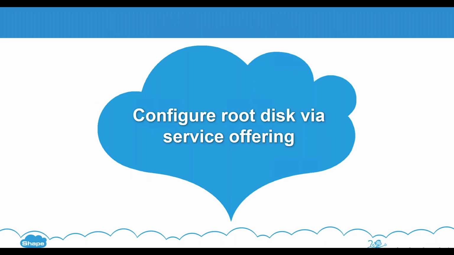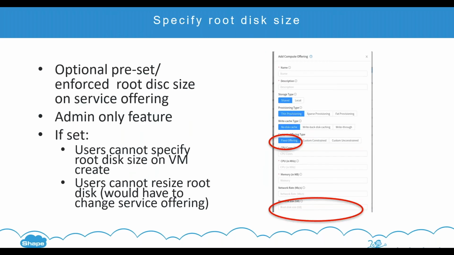Another nice little feature is now the ability, as the administrator, when you're configuring the service offering, to enforce or preset the root disk size. So you can effectively hard code that root disk size. What that does is stop the user from choosing their own root disk size, and it always will use that root disk size.